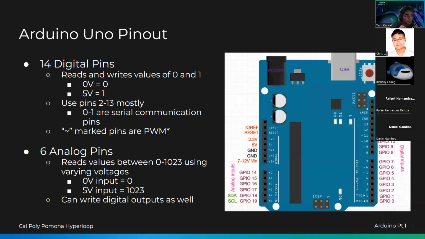If you put a voltage through that's, say, 2.5 volts, which is the halfway point of 5, then it will read half of 1023. So its range is 0 to 1023, and it can read more than just zeros and ones. So you can put different values to it. What analog really means is a continuous signal rather than just a 0 or a 1. It's kind of like a sine wave of sorts.